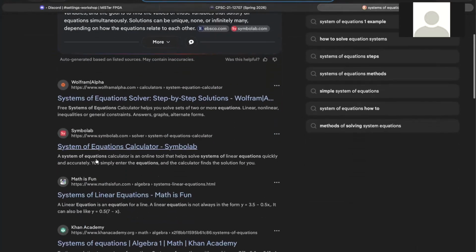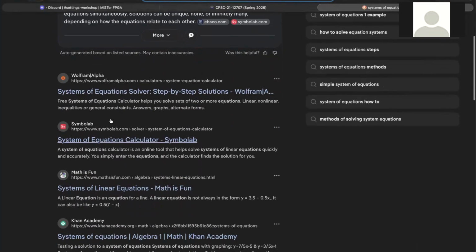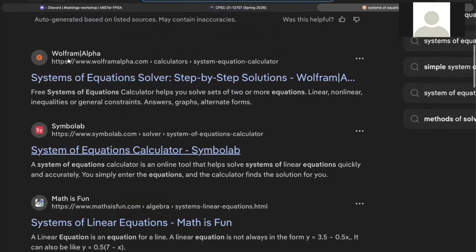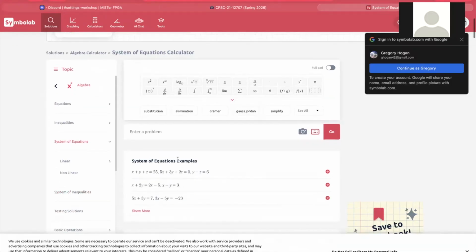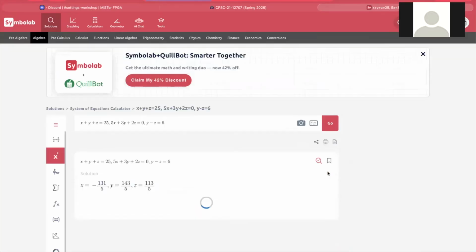And you'll see, this is not Google, but you'll see that the top links are Wolfram Alpha and Symbolab, right? So Symbolab is one of the ones that people like, and Wolfram Alpha is also one of the ones that people like. So I'll just click on Symbolab here, and it says System of Equations Examples, and you can click on one of the examples to see how to type it in.